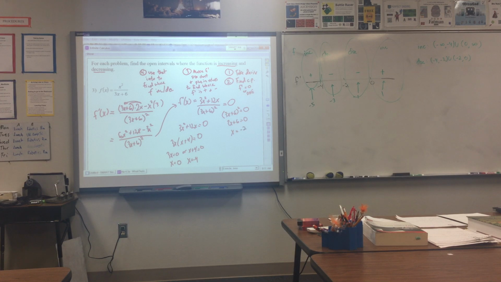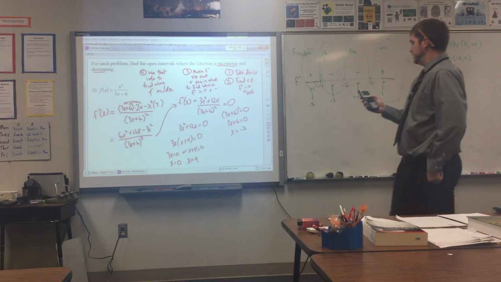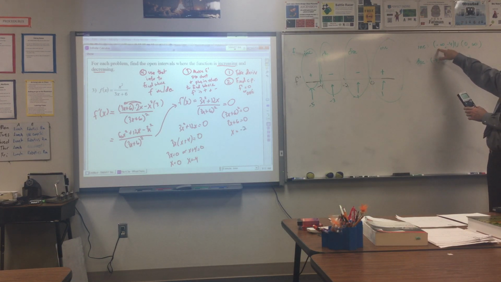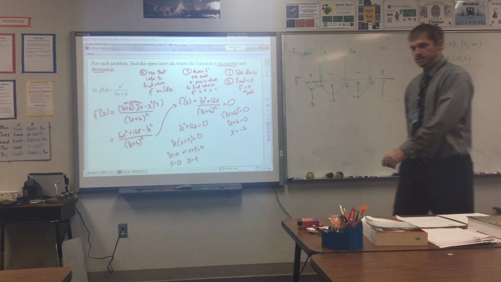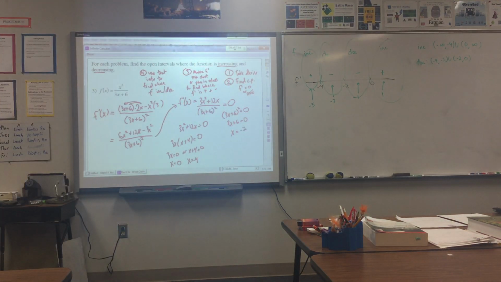You want to put parentheses around the 3x plus 6. Alright, so with that graph in hand, let's look at this. Class, does it look like the function is increasing from negative infinity up to negative 4? James? Yeah. I typed it wrong. Wait, it's that one. We're doing that one, yep.